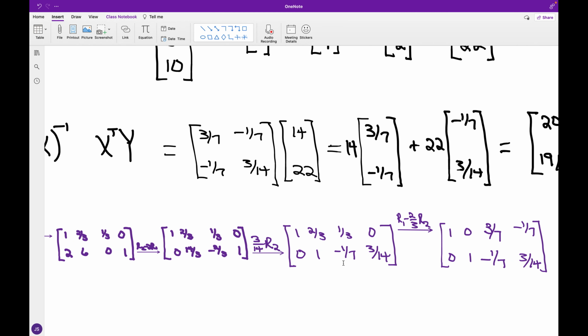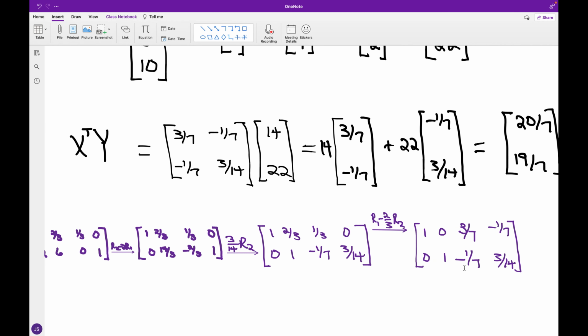So we have 0, 1, -1 seventh, and 3 14ths. And getting to the stage of completing the Gauss-Jordan elimination, I'm going to take the top row and deduct 2/3 of the second row. So the top row we have 1, 0, 3 sevenths and -1 seventh. Bottom row, again, we have 0, 1, -1 seventh, and 3 14ths.